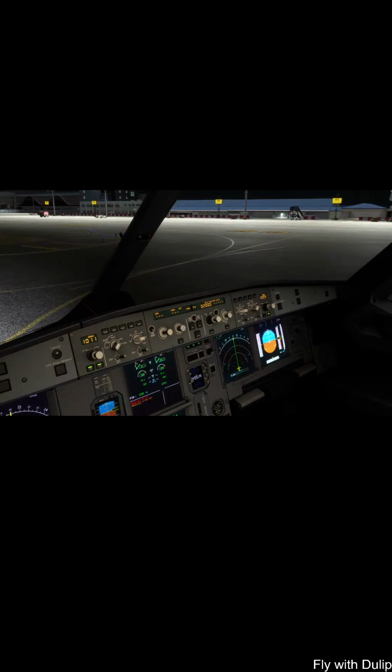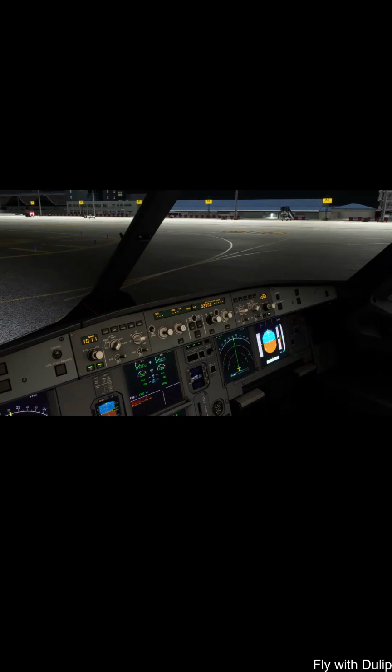Request IFR clearance to Mumbai. FedEx 1132, information Charlie is count. You are cleared to Mumbai via Patrol 1 Alpha departure. For initial climb, altitude 6,000 feet, squawk 7417.